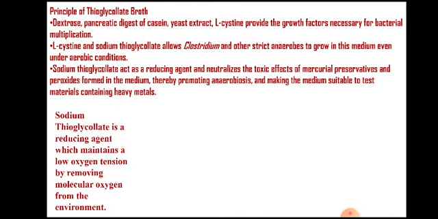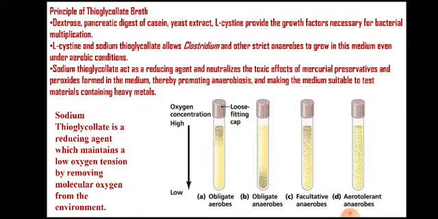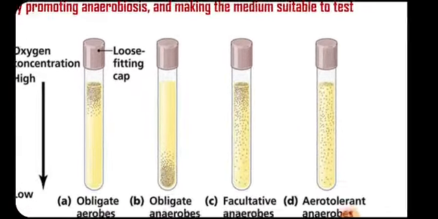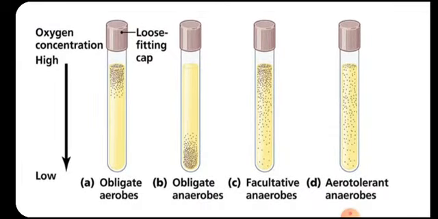Sodium thioglycolate is a reducing agent which maintains a low constant oxygen concentration level by removing molecular oxygen from the environment. This is how we can see the behavior of bacteria on the basis of their oxygen requirements. Here you can see the behavior of aerobic bacteria.